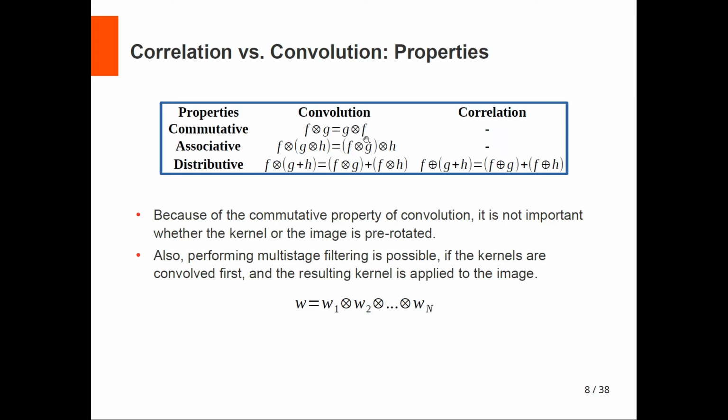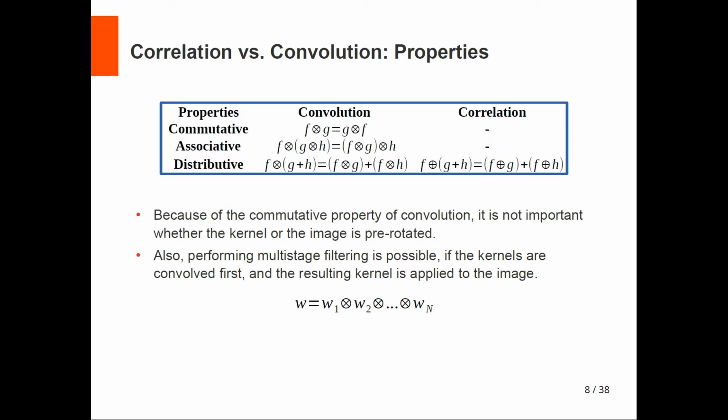That means that the order of the functions that are going to be convolved is not going to be important. In other words, it doesn't matter if you rotate the kernel or the image, you still get exactly the same result. But you cannot say the same thing about correlation. So that is one good property of convolution that is not present in correlation.